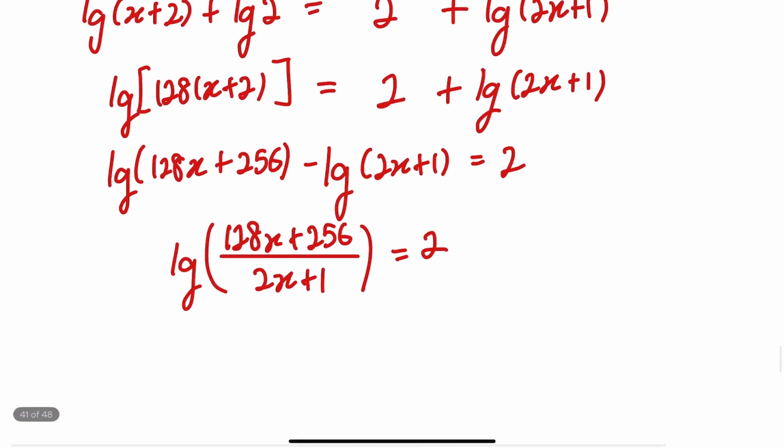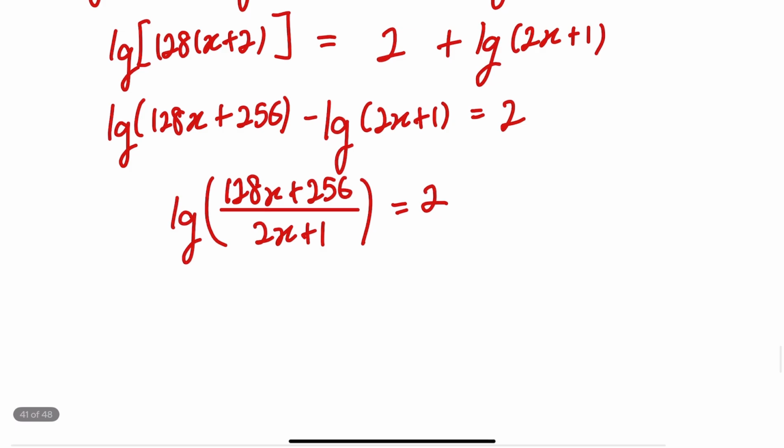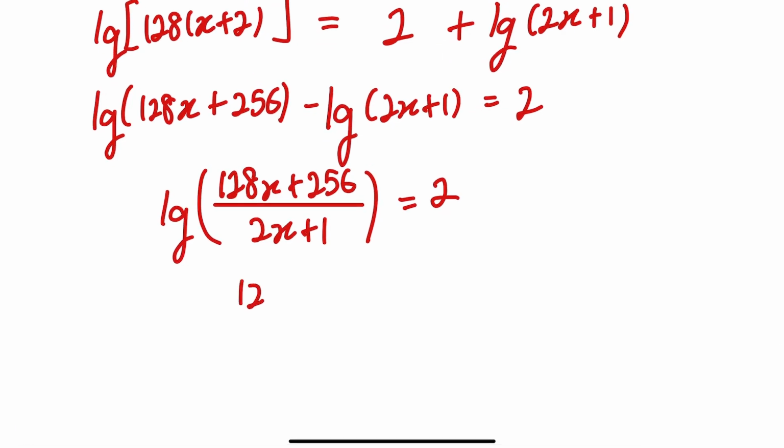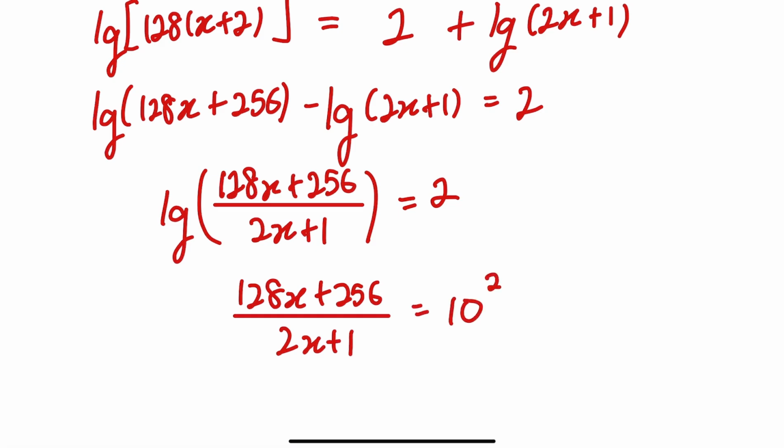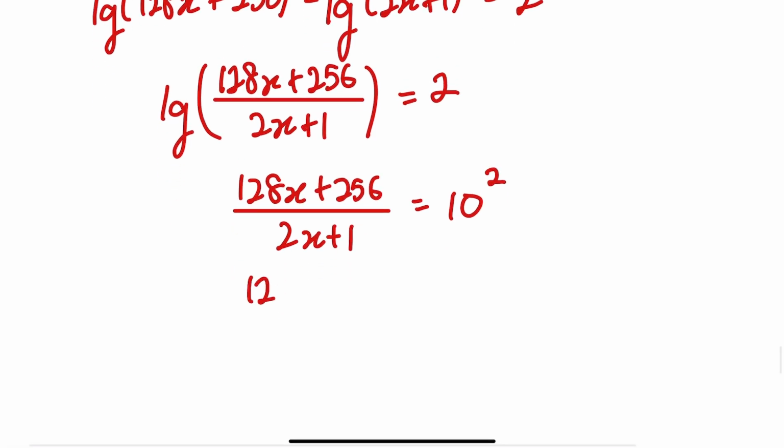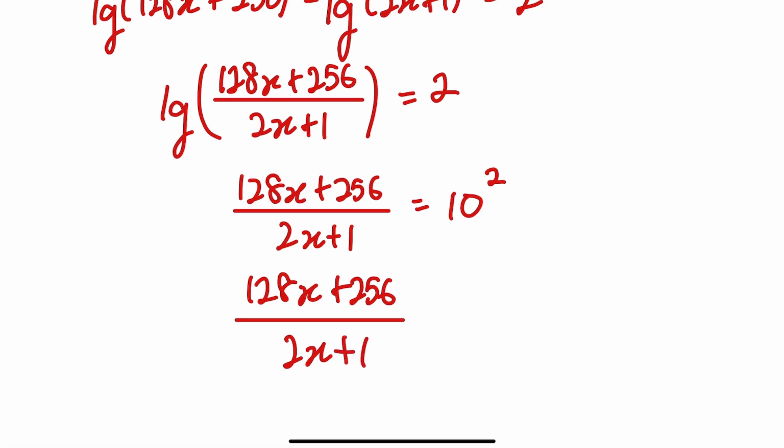Now this is my logarithmic form. I can easily convert to exponential form. In order to get (128x plus 256) divided by (2x plus 1), lg means log base 10, and the base 10 must have a power of 2. So very simply, (128x plus 256) over (2x plus 1) is equal to 100.